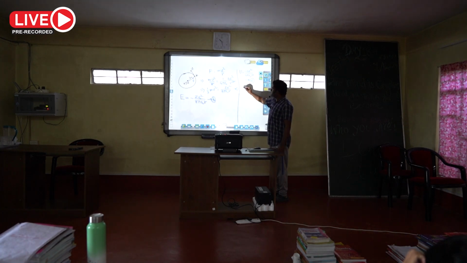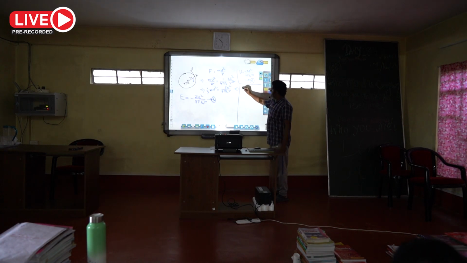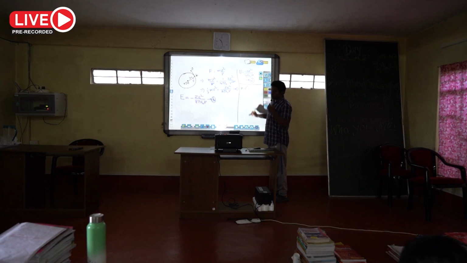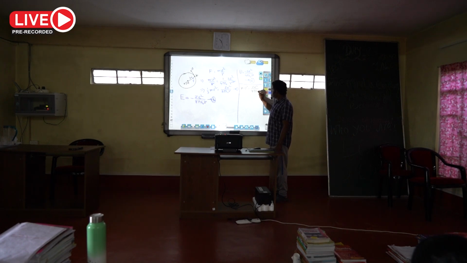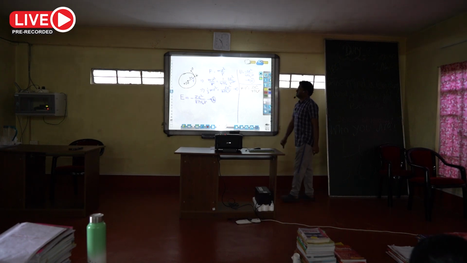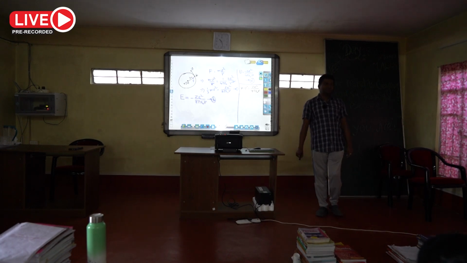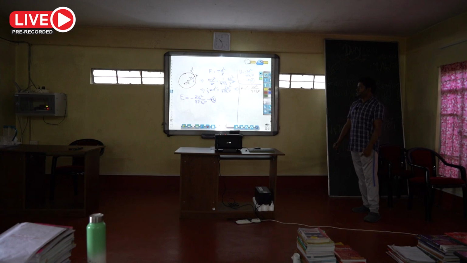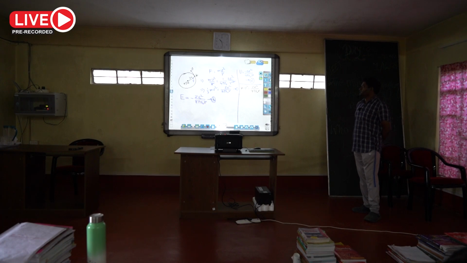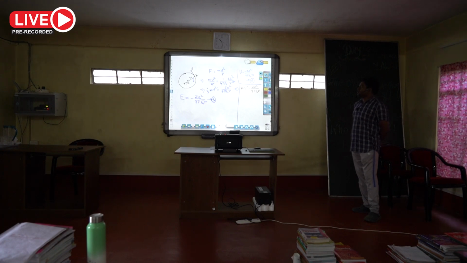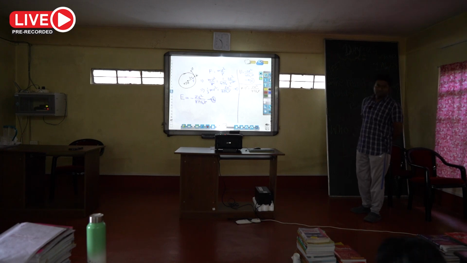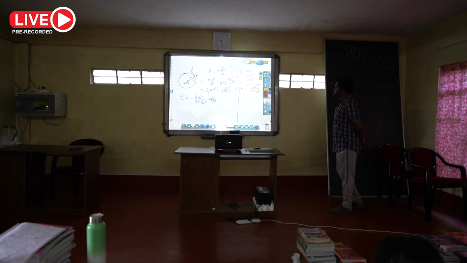See, from equation 1, I can write mv square equal to Ze square by 4 pi epsilon naught r. Check. By cancelling that 2, I can write mv square equal to Ze square by 4 pi epsilon naught r.